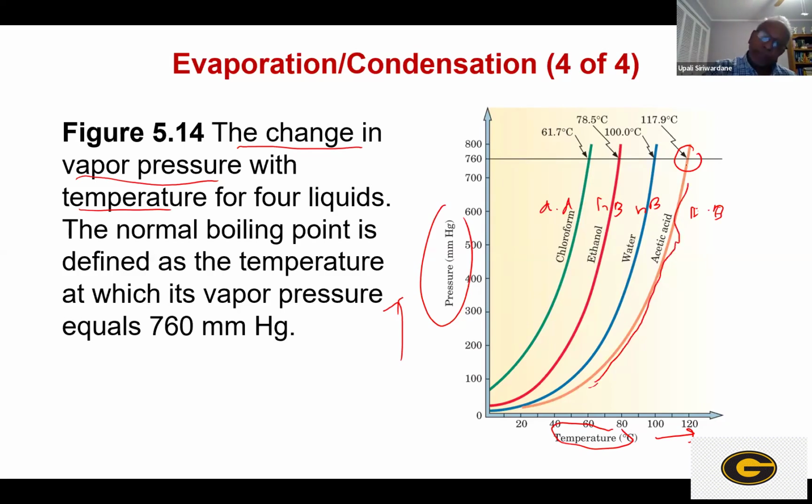At the point when the atmospheric pressure is normally 760 torr, it starts to boil. Therefore, from this point, everything starts to change to a gaseous state. That's the boiling point.